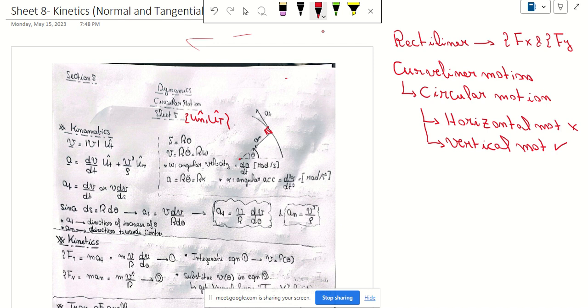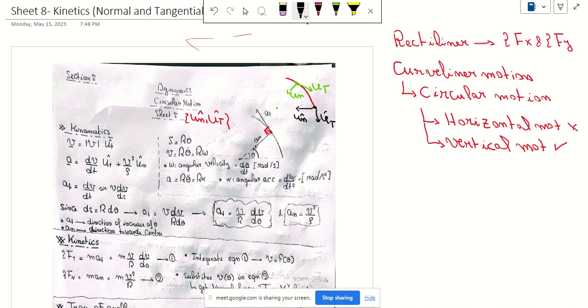If the particle is moving on the surface, for point 1, if this is the center, you will have this un and this ut if it's moving downward. And for point number 2, you will have another un and ut.